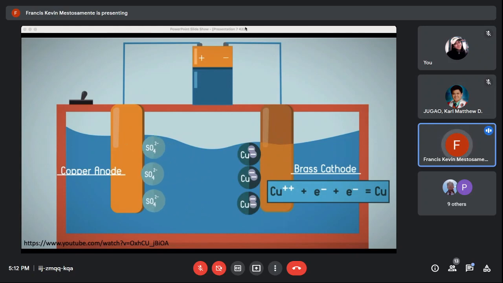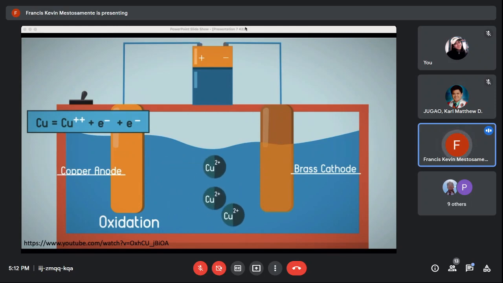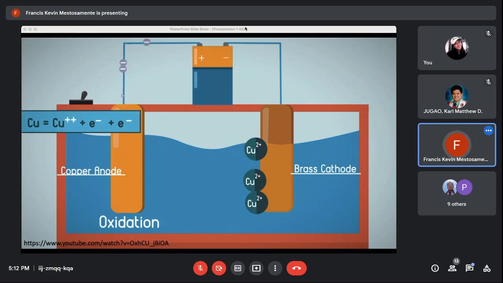The current supplied to the anode causes the copper atoms to oxidize, which is to lose electrons, and then dissolve into the electrolyte solution. So the copper ions move from the anode to the cathode in the solution, and the electrons move from the anode to the cathode, but along the wire.